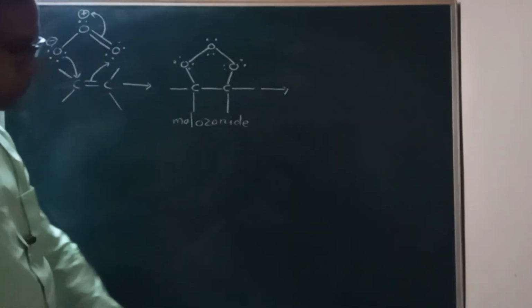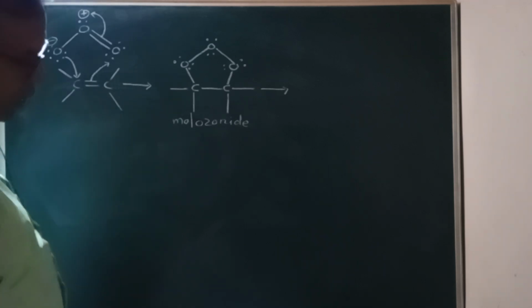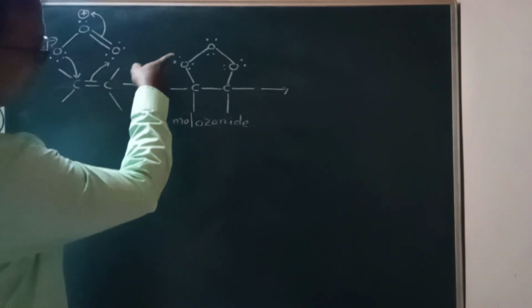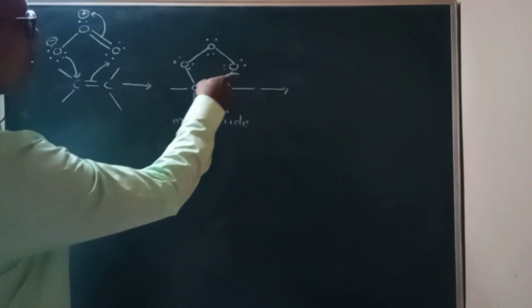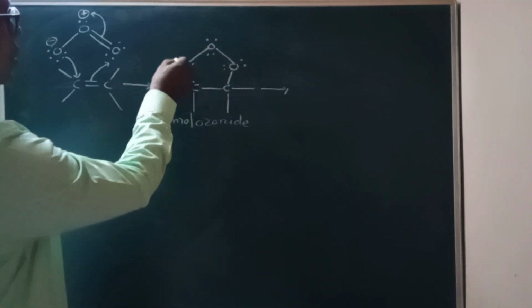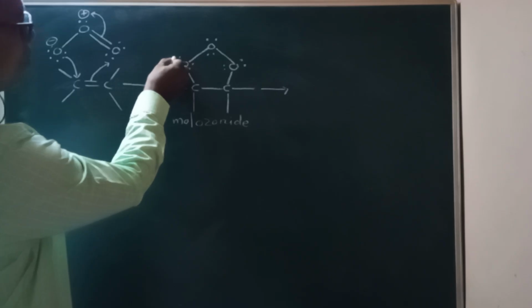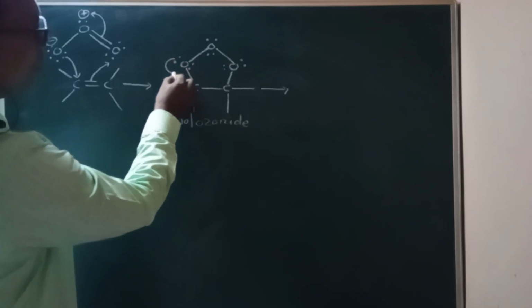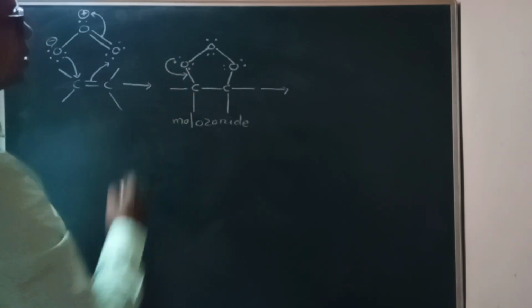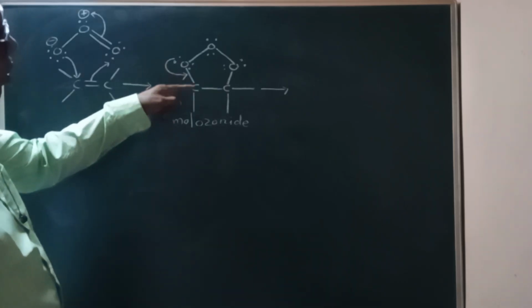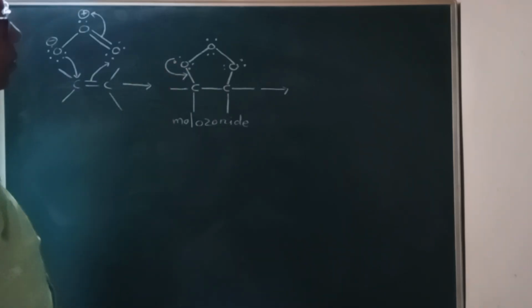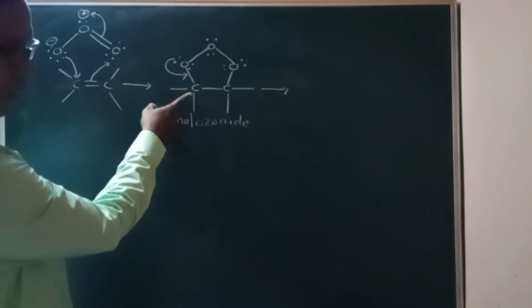So here what happens? One of the electron pairs of these two oxygens, or even of this oxygen. So I'm using this oxygen. I'm giving this unshared electron pair between this carbon and oxygen, so that here is a formation of what? A double bond, right? But the valence of this carbon becomes 5, correct?